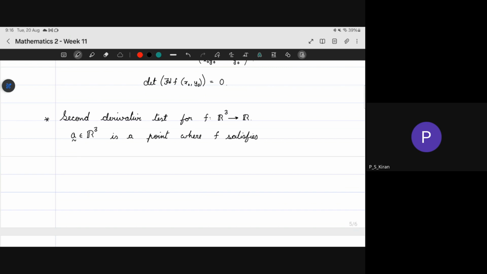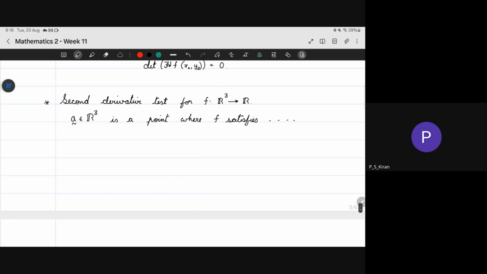For the full list of conditions, refer to the lecture videos or the notes. I'm not going to write everything over here. And nabla f at A is zero. This is a critical point. Now you start out with the critical point and determine the nature of the critical point. That is the second derivative test. So that is always there.